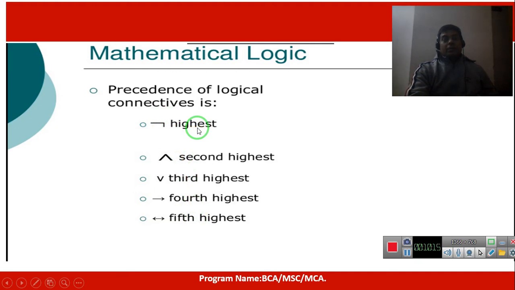As with the BODMAS rule we discussed in some lower classes, a similar condition is here. If we have an expression with the help of these connectives, negation, conjunction, disjunction, implication and biimplication, then we can solve it in this manner. First of all, we should solve the highest priority, that is negation, then conjunction, then disjunction, after that the implication and the biimplication.